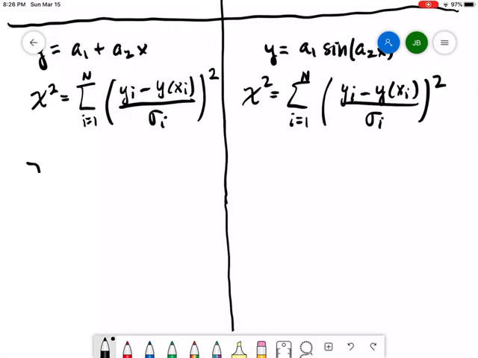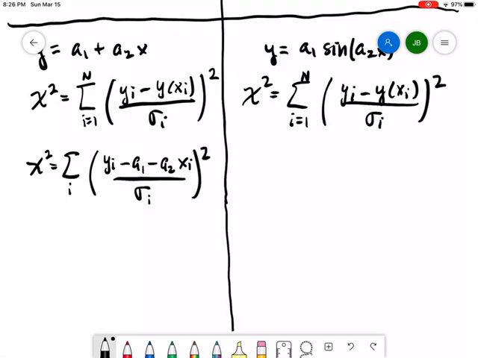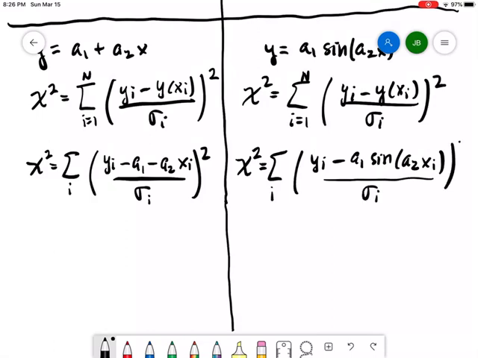So on the linear side, we're going to have yi minus, so a straight line, so minus an intercept a1, and then minus a slope a2 times x. And then we divide by sigma squared. Okay, so on the nonlinear side, we do the same thing. So the only difference is, of course, our function is now a1 sine a2 xi divided by sigma i and squared.